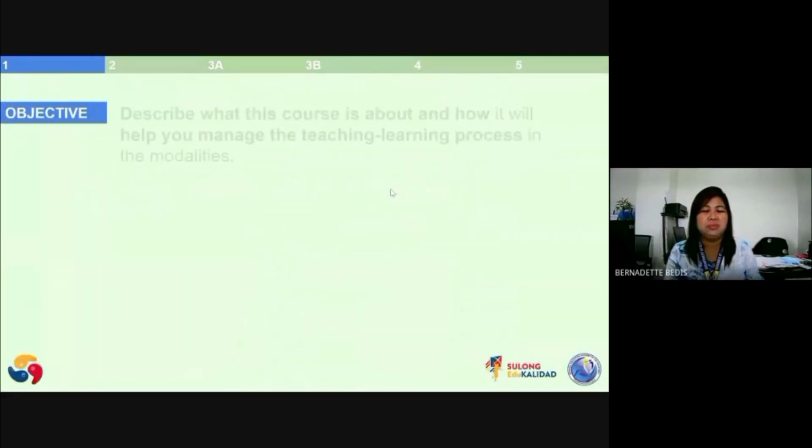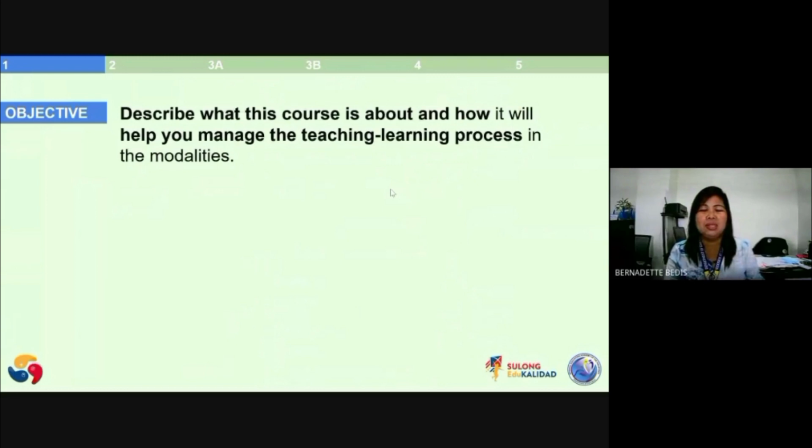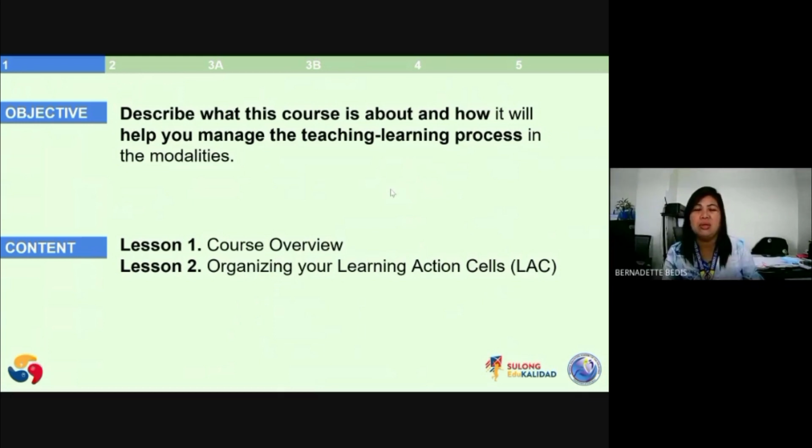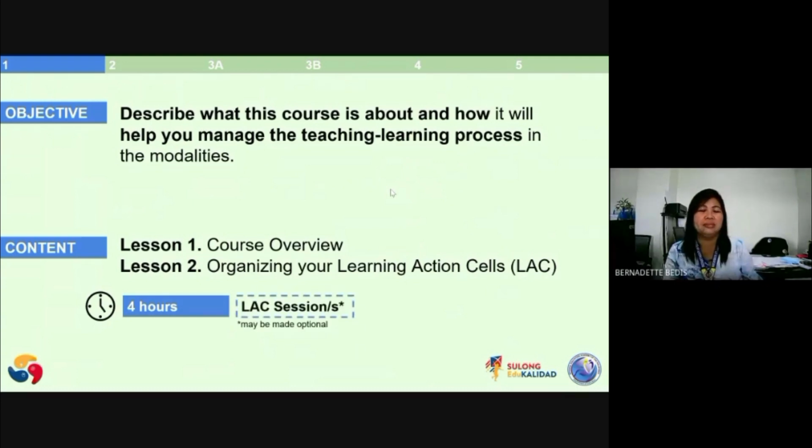The objective is to describe what this course is about and how it will help you manage the teaching learning process in the modalities. Content. Lesson 1 is all about course overview. Lesson 2, organizing your learning action cell or the LAC. The duration of the session is 4 hours.